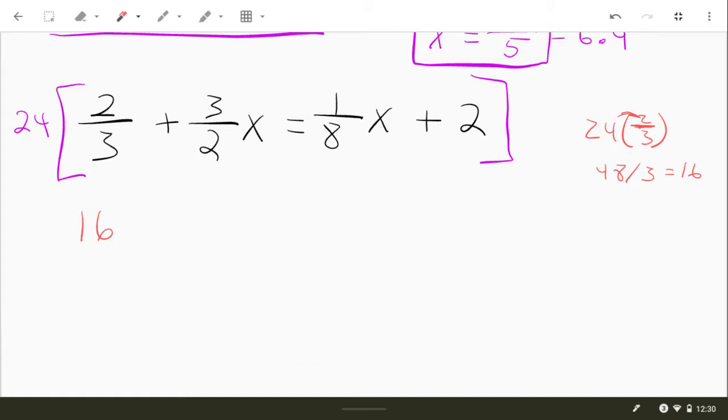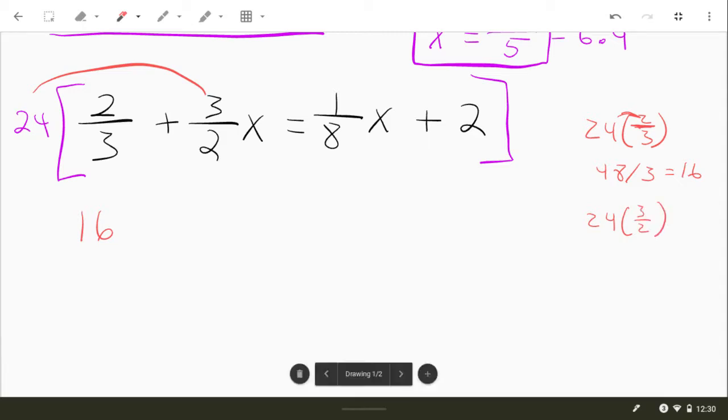Okay, and then I'm going to do 24 times the 3/2. Boy, I don't want to do 24 divided by 3, man. So what I'm going to do is I'm actually going to divide by 2 first. 24 divided by 2 is equal to 12, but I still got to multiply by 3. So that gives me a 36. 12 times 3 is 36.